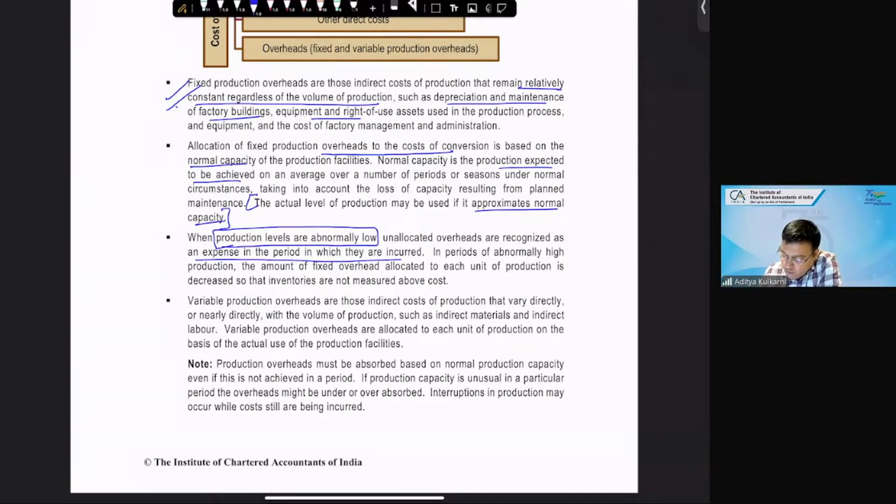In periods of abnormally high production, your normal capacity was 7,500. You have manufactured 15,000 hours. You have utilized 15,000 hours. आपने जितना सोचा उसका डबल आपने बना दिया. Now, does it mean I will absorb on the basis of 15,000? Answer is no. आप नहीं कर सकते ऐसा. See, the cost is 1,500 for 7,500.